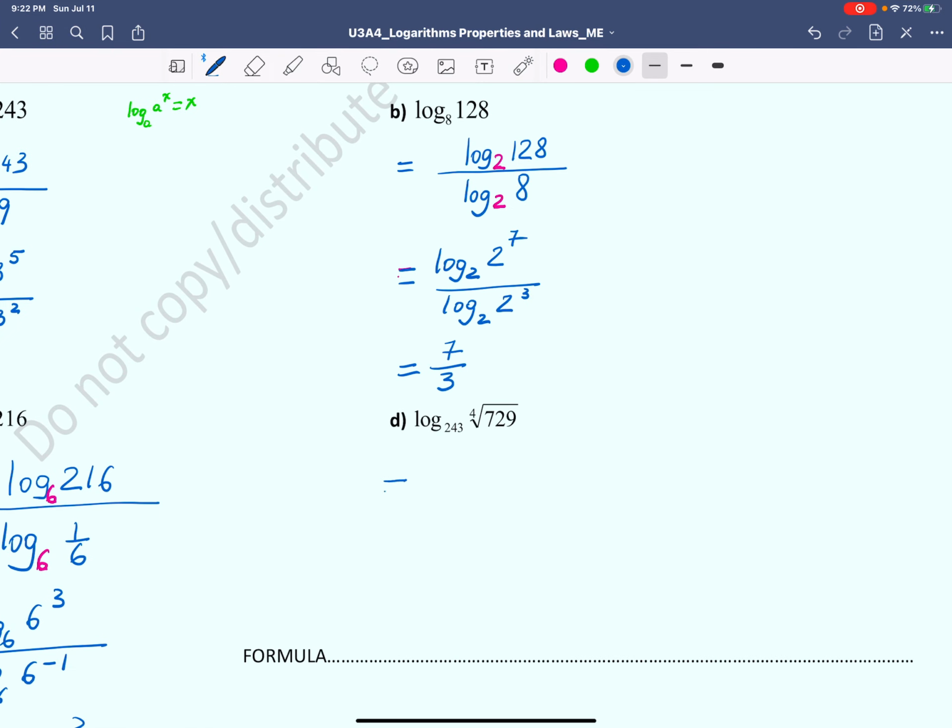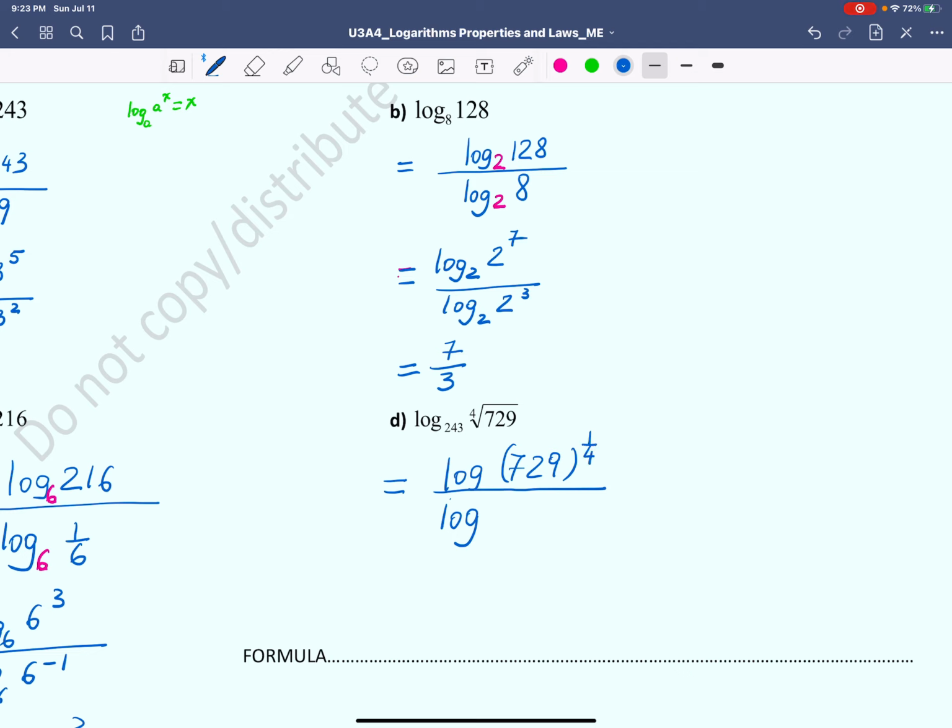In the last example, what we have is log with base 243 of the fourth root of 729. So log and log. And the fourth root of 729, I think it would be a good idea to write it as an exponential number.